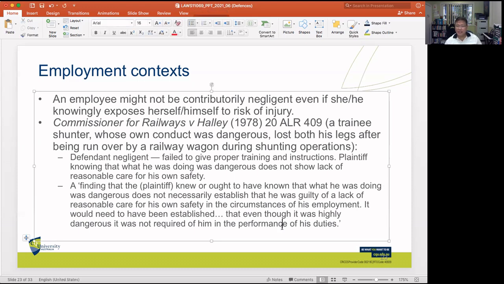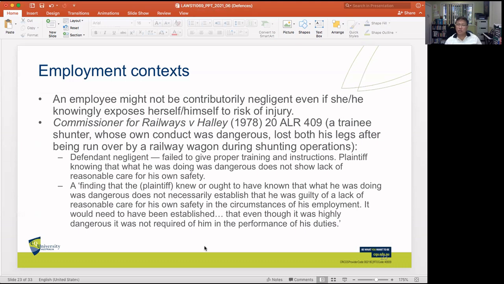So in other words, if it is the employer itself which is causing the employee to perform certain dangerous tasks, it is no excuse or justification for the employer to then say that the employee was aware of how dangerous it was. In the first place, the employer must do something to ensure that the employee does not have to be exposed or subjected to a dangerous situation.